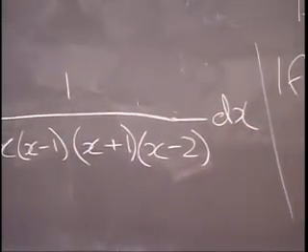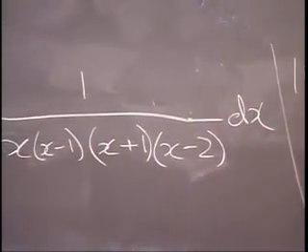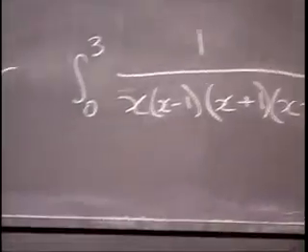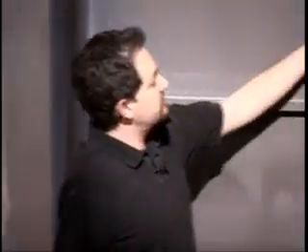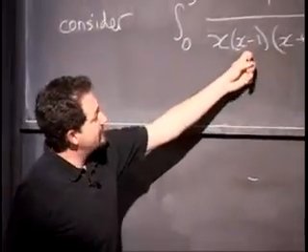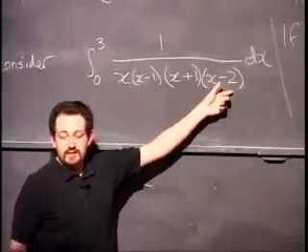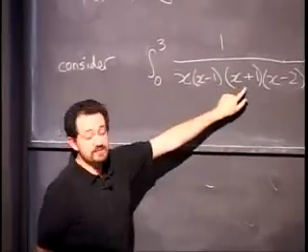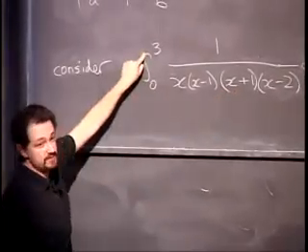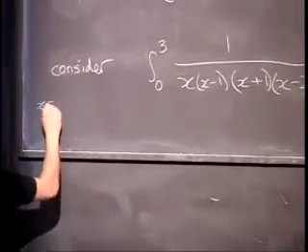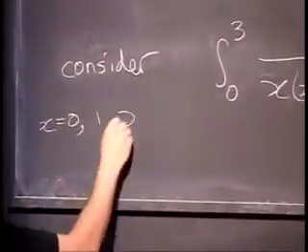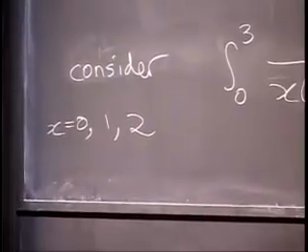If you wanted to investigate this, and I'm not going to do it until probably next week, just to get you on the idea of the splitting, we've got asymptotes at 0, 1, -1, and 2. Now, the -1 doesn't matter because it's not between 0 and 3. So the blow-up points between 0 and 3 are at x equals 0, x equals 1, and x equals 2. Those are the only relevant blow-up points.